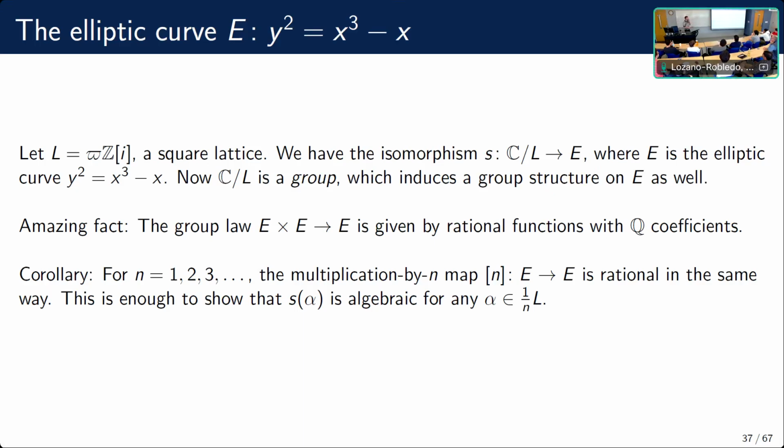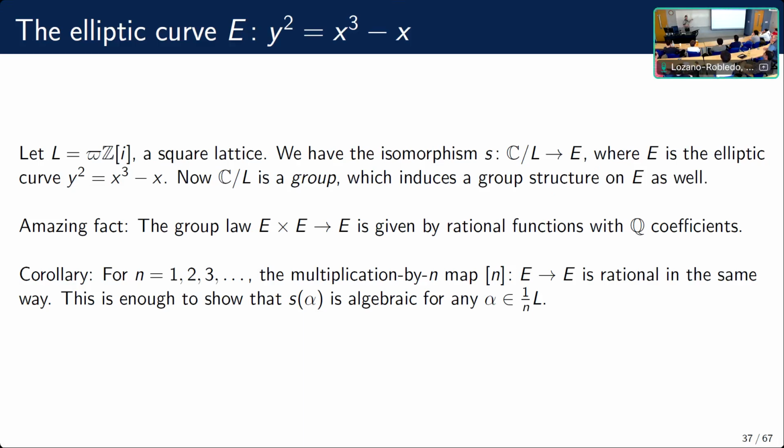Like if I plug in alpha to be a point that is 1/n of the lattice. So if n is 3 or something, I'm going to highlight some interesting points here. 1, 2, 3, 1, 2, 3, 1, 2, 3. And those are the points that are like 1/3 of the way or 2/3 of the way across or up. There's 9 of them.